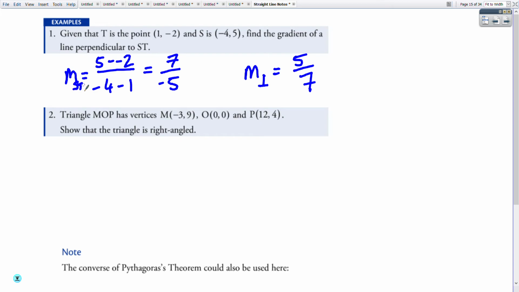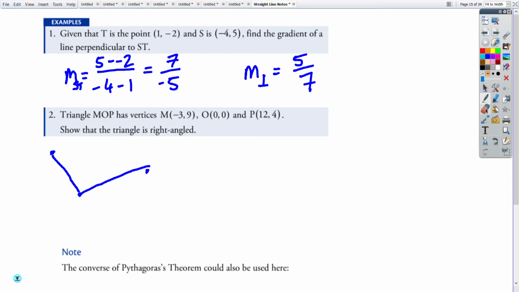Okay, let's have a look at this second question. It's telling you that it's got 3 points here. So the points (0, 0), (-3, 9), and (12, 4), saying that this is a right angled triangle. It's saying that we need to show that it's a right angled triangle.